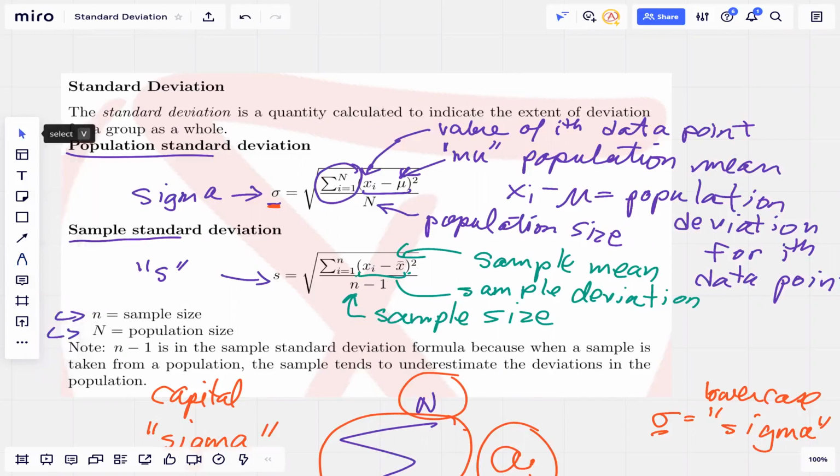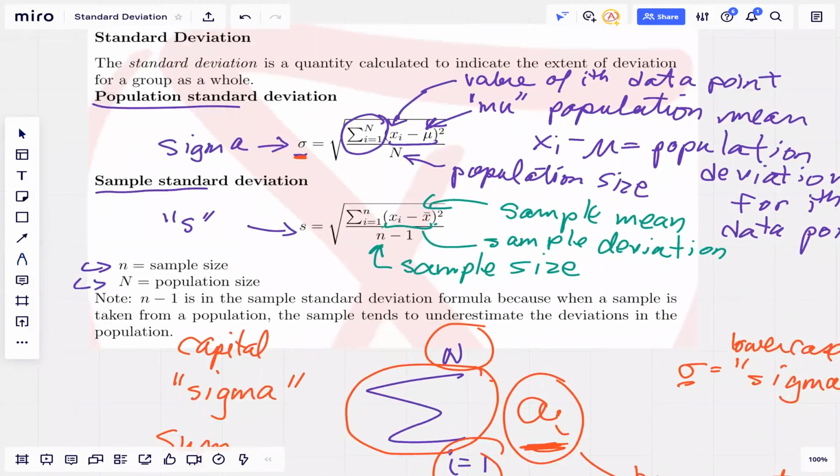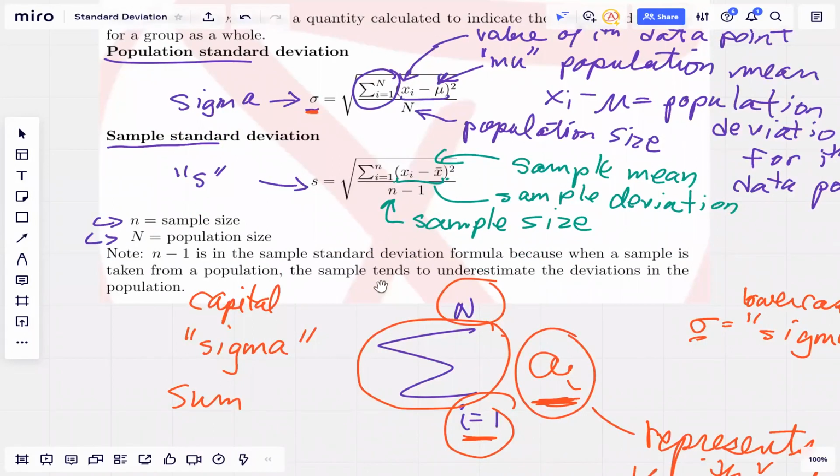Now, why do we divide by little n minus 1 when we're considering the sample standard deviation? So let's look at the note. We use n minus 1 in the sample standard deviation formula because when a sample is taken from a population, the sample tends to underestimate the deviations in the population.